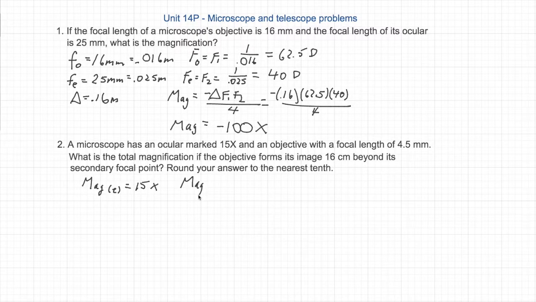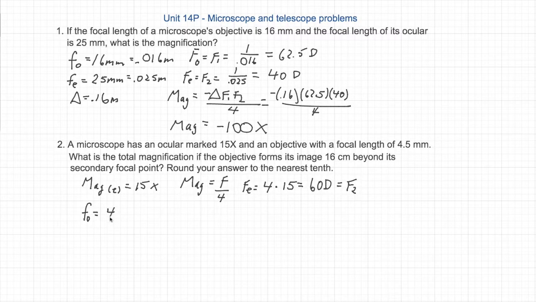So we can calculate the power of the ocular because 15 equals f over 4. And therefore the power of the ocular is 4 times 15, which equals 60 diopters. And that's f2 in our magnification formula for a microscope.